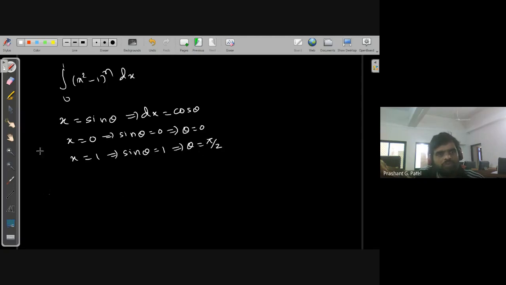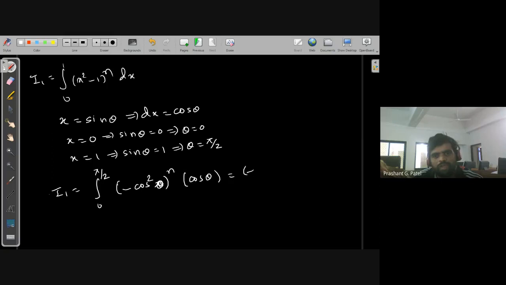So this integration I1 I can say is 0 to pi by 2, x square minus 1, x is sine theta, so it is cos square. 1 minus x square is there, so it is minus cos square, raised to n, and dx is cos theta d theta.